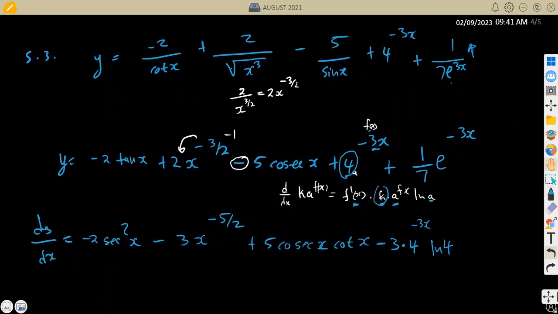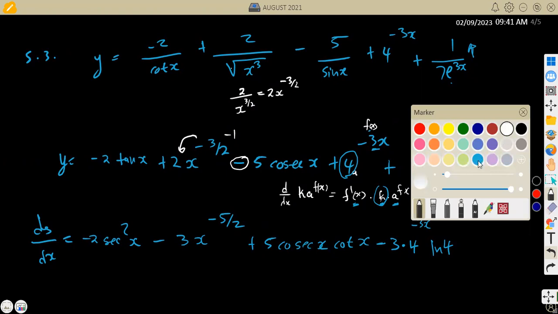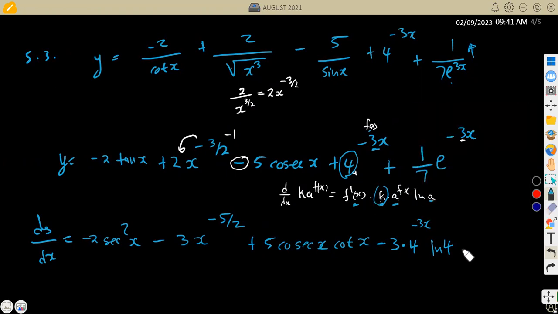You move on to e, applying the same thing as before. The first derivative of f of x is negative 3, but there's a 7 there, so it's negative 3 over 7. Then k is the constant, that is the over 7 there.